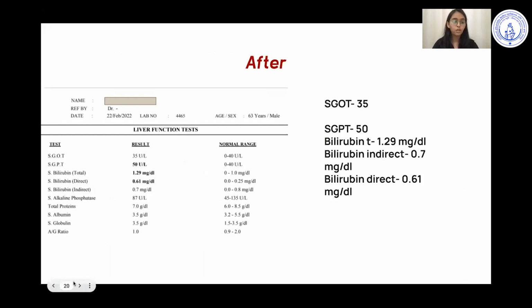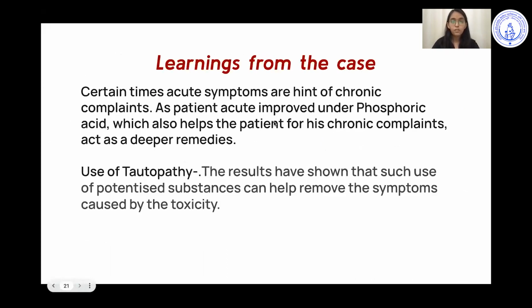His HbA1c also improved. So in this case, we saw how materia medica is again a special tool, and how repertory can again confirm what we have read. So I hope that if there's any question, you can ask me, and you learned something.